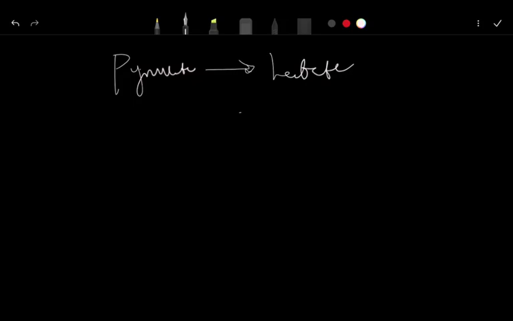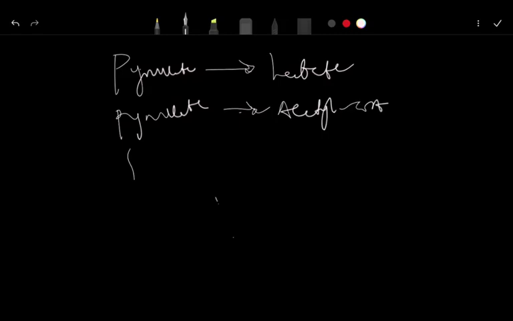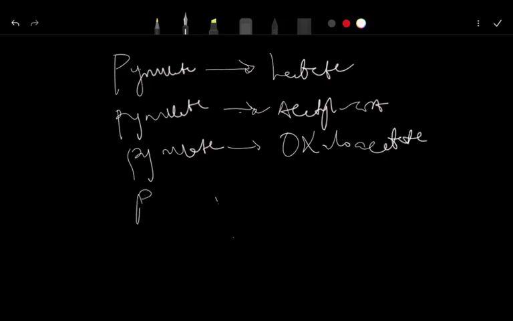Then there's one that pyruvate will form acetyl-CoA, right? Then there's one that same pyruvate will form oxaloacetate, right? I already did this in the last video. And lastly, pyruvate will form alanine. These were the four fates of pyruvate.